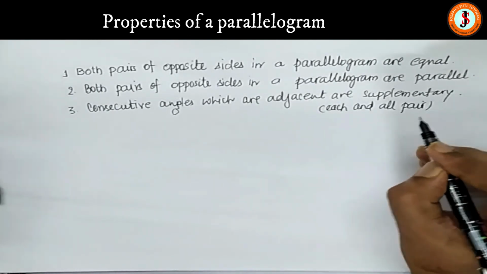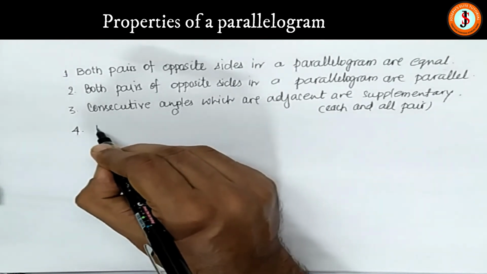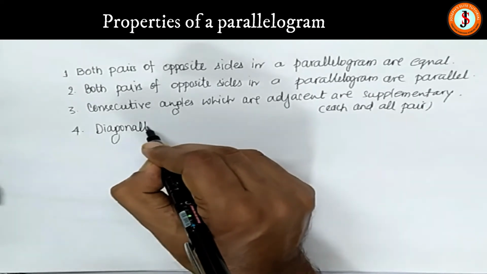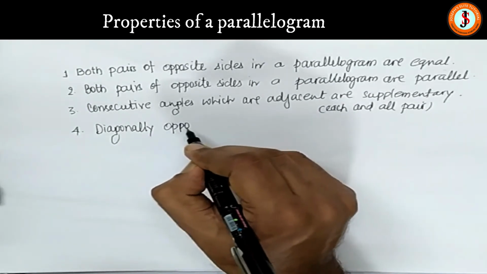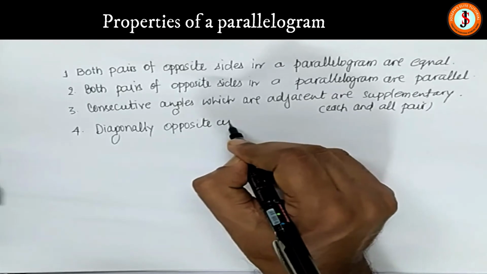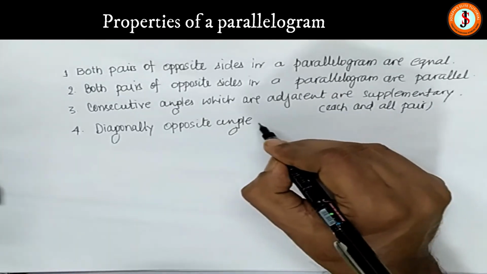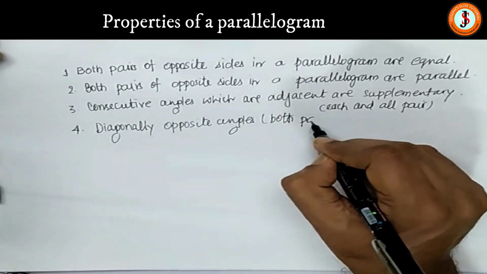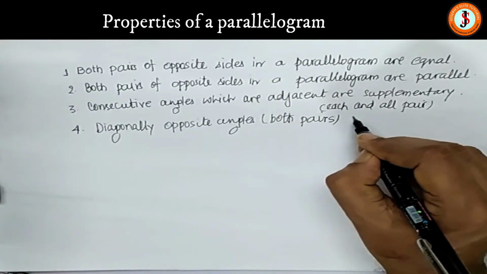Then what is there? Fourth one is diagonally opposite angles. This is for parallelograms. Diagonally opposite angles, both pairs are equal.